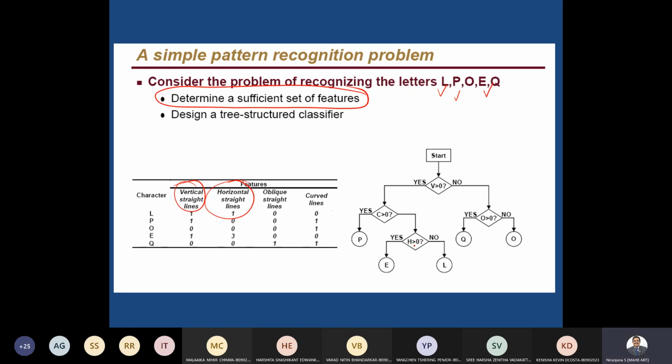Greater than 1 should be, no? Yes, sir, there is an error here. Please correct it. It should be 1, because L also has a horizontal line. So if it is greater than 1, then it suits.